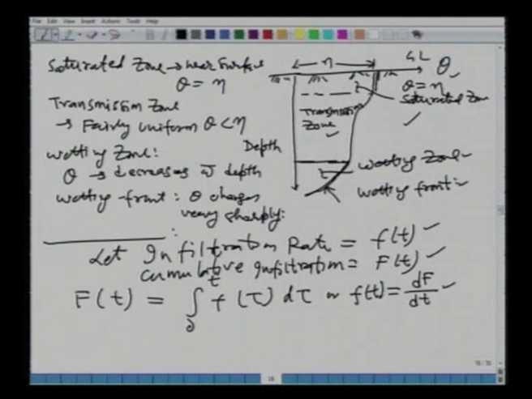With this we would like to start with a slightly different concept regarding the equations which we study, whether it is the Horton equation, the Holton equation or the Green-Ampt equation, and what they represent.